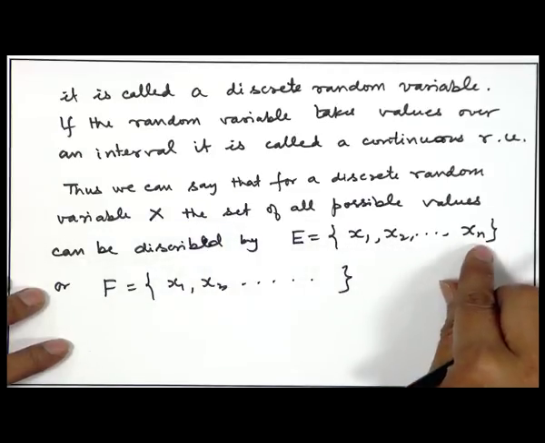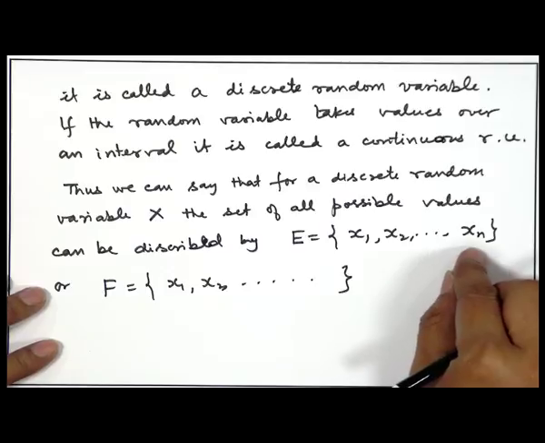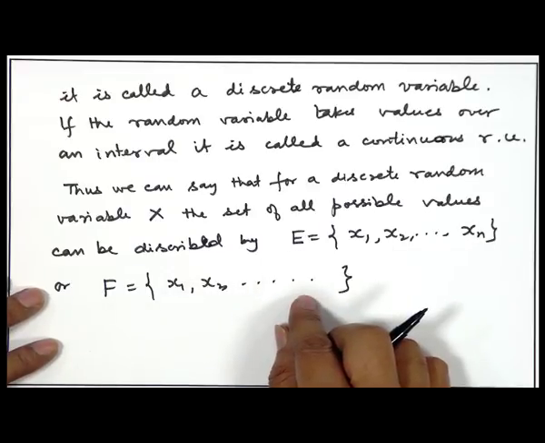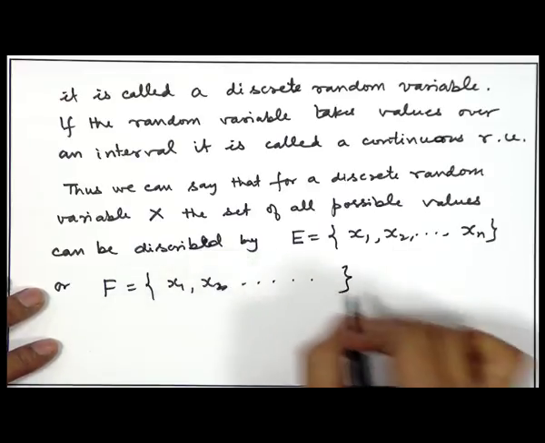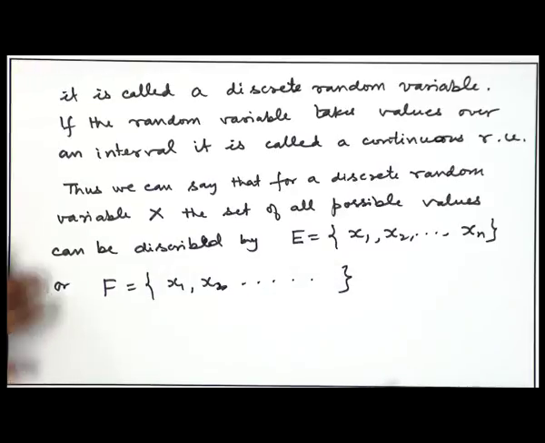So, either you have a finite number of elements, say n elements, or you have an infinite number of elements, but they can be counted. So, it is countably infinite number.